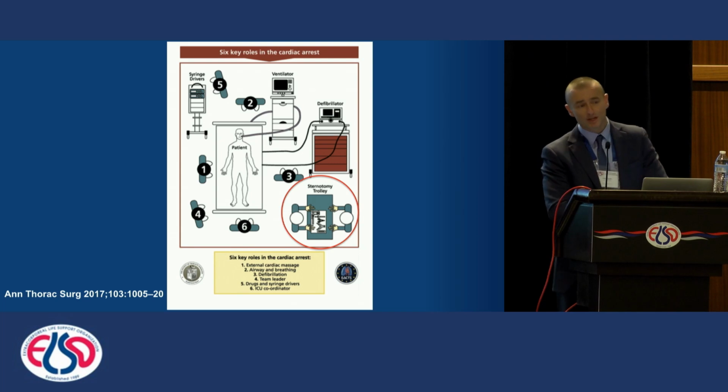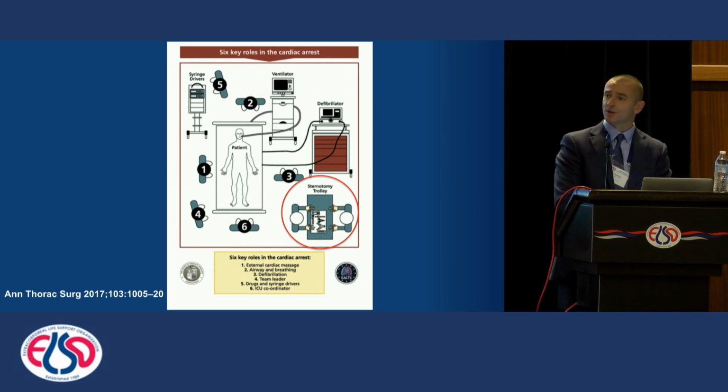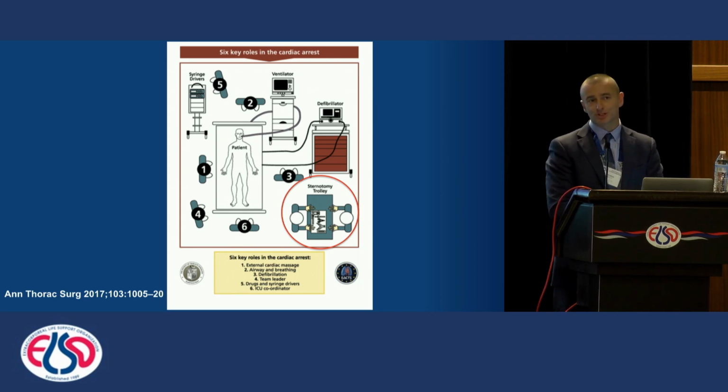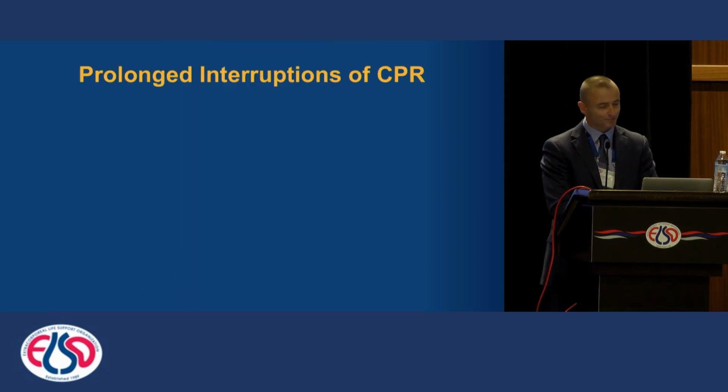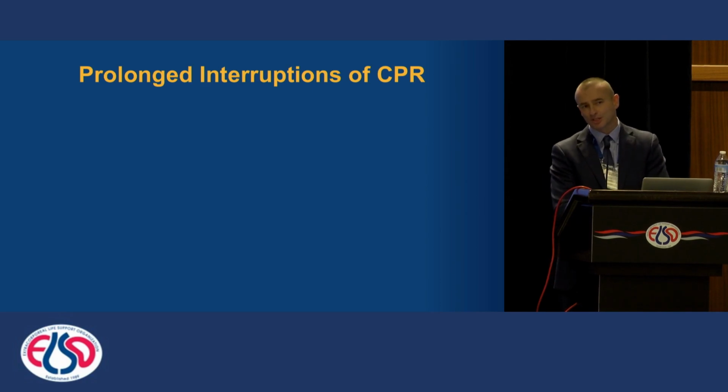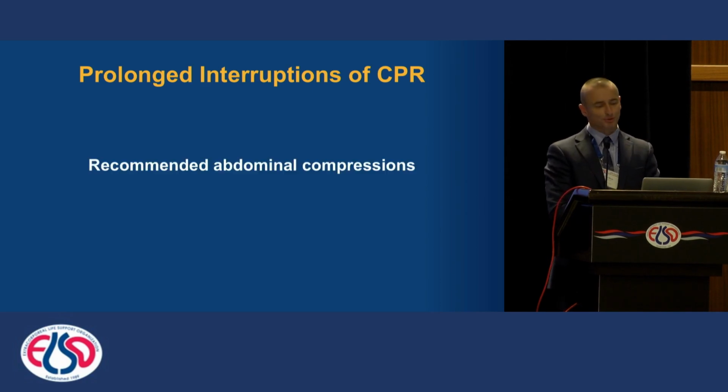When you look at the right lower corner of this picture, you will see this very mysterious 2-person team of people getting ready to do sternotomy and fix all the bleeding concerns. The weak point of the strategy was prolonged interruptions of CPR, because the chest cannot be compressed when the sternotomy is performed.